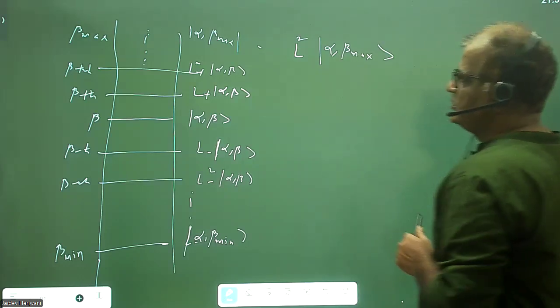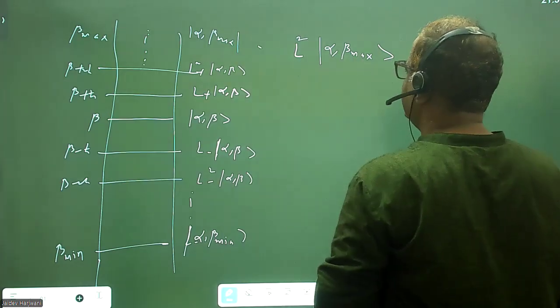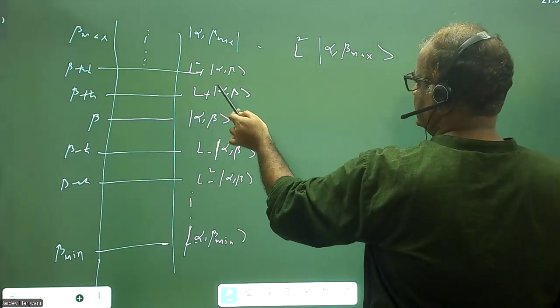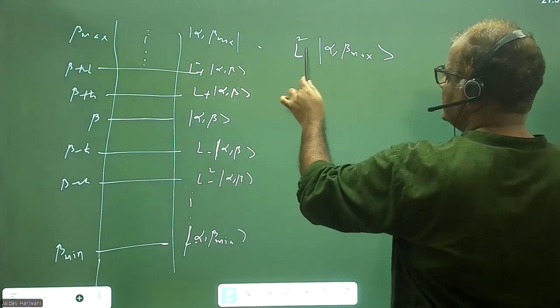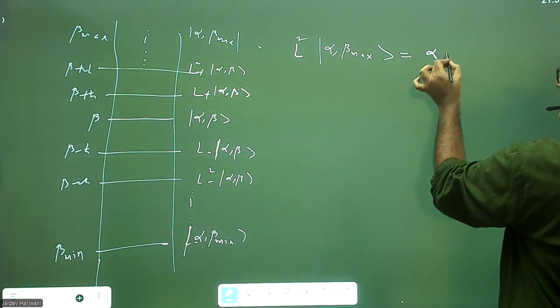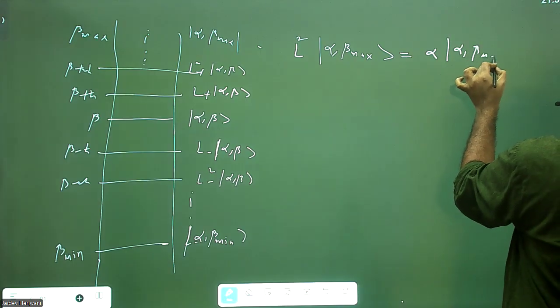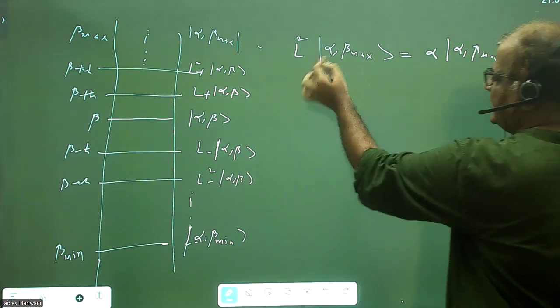So we have reached here, and now I'm applying L square on beta max. As I told you, operating with L plus does not change the L square eigenvalue, so this will be equal to alpha beta max. Now how can I write L square?